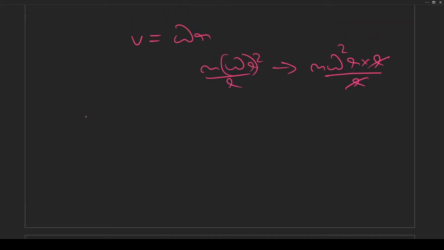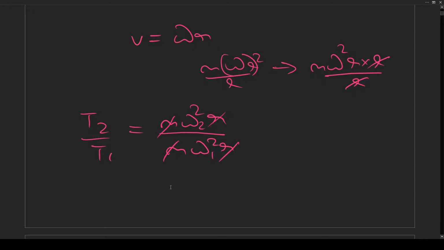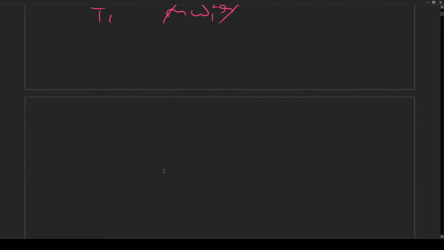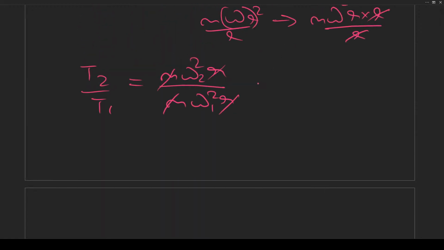Now final tension T2 by initial tension T1 equals m omega 2 square r by m omega 1 square r. Radius will remain constant, mass will remain constant, cancel. So T2 by T1 equals omega 2 by omega 1 whole square.